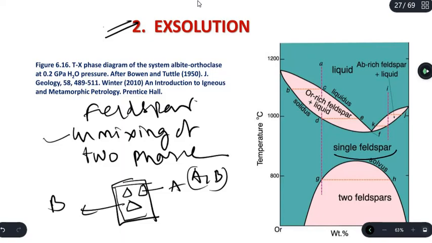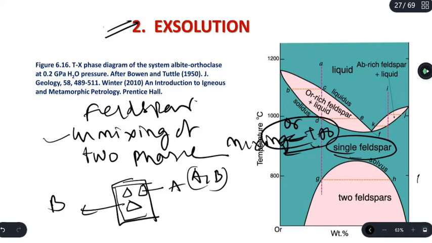See, here mixing is happening along this field. Am I right? Along this field, completely orthoclase is mixing. Yes or no? So along this field, orthoclase plus albite will be mixing to form the single feldspar. But when it cools down, it will form two separate feldspars.